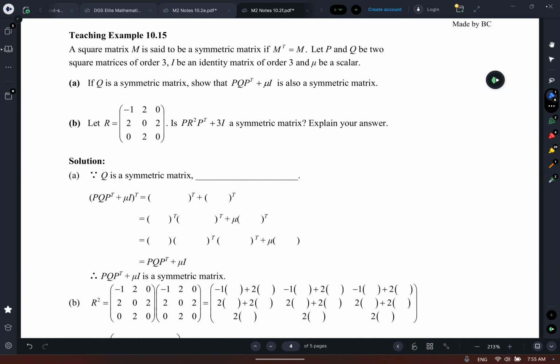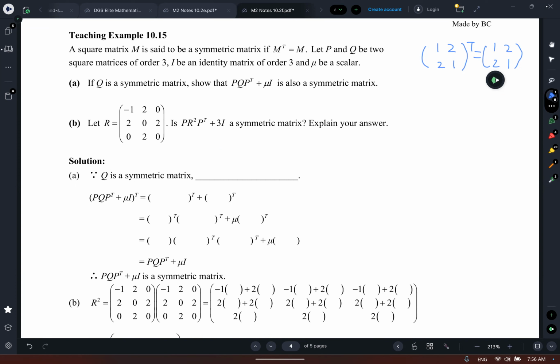Now this shouldn't be too hard because just now I mentioned that I is a symmetric matrix because I transpose equals I itself, right? Also other things as well like this: 1, 2, 2, 1. Transpose equals 1, 2, 2, 1, right? This is also symmetric.